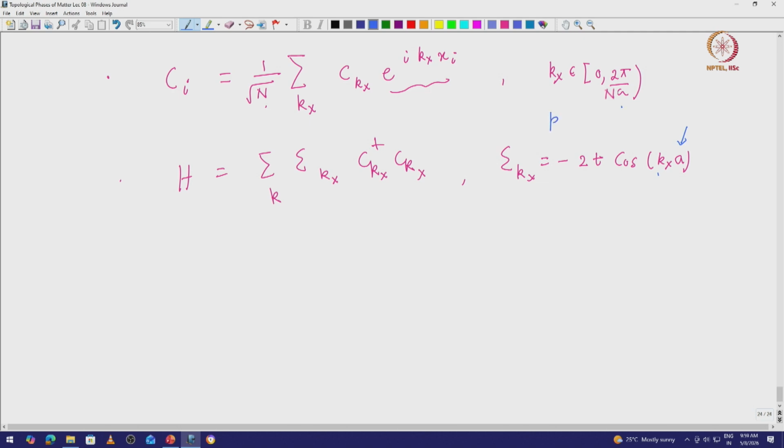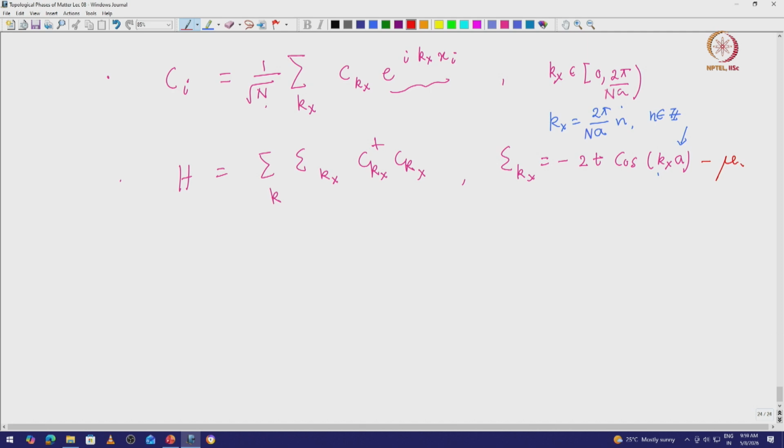So, kx would be defined like 2 pi by L times n, where n will be an integer. Minus mu, the chemical potential.